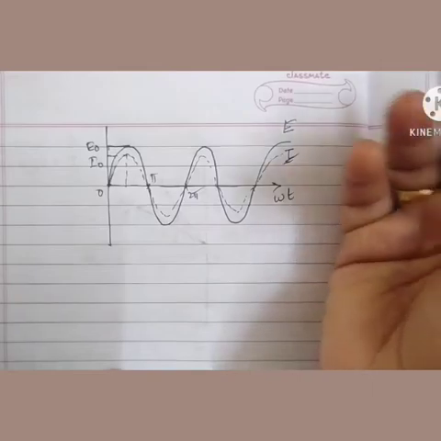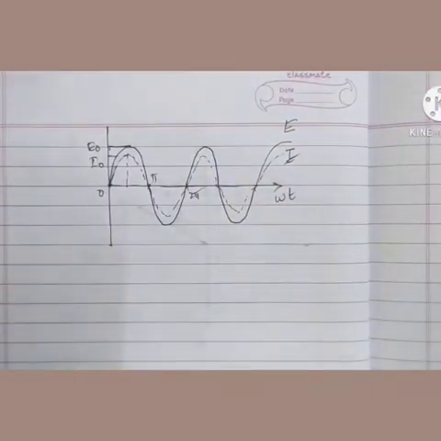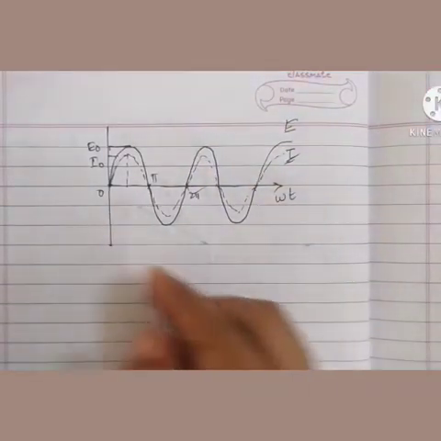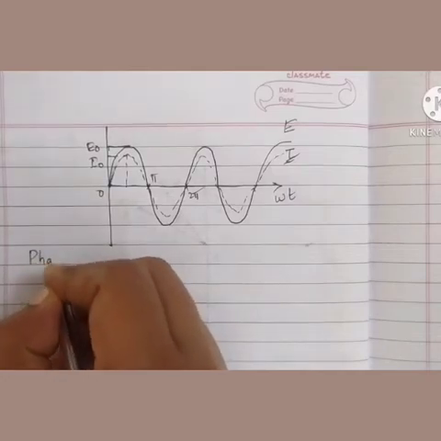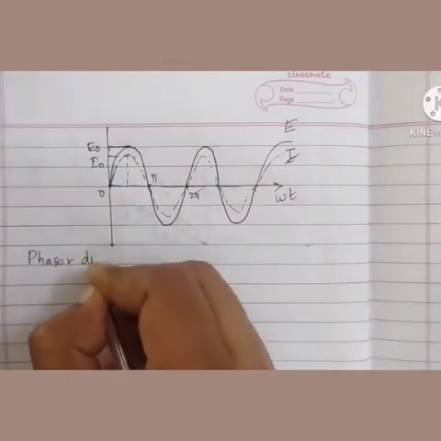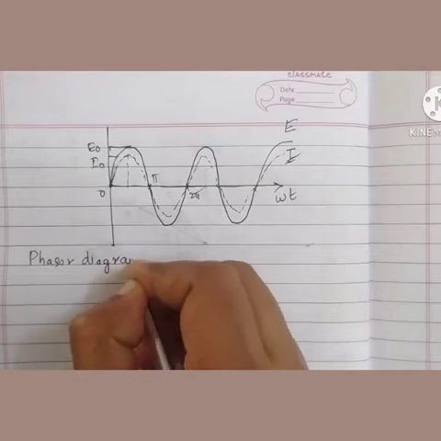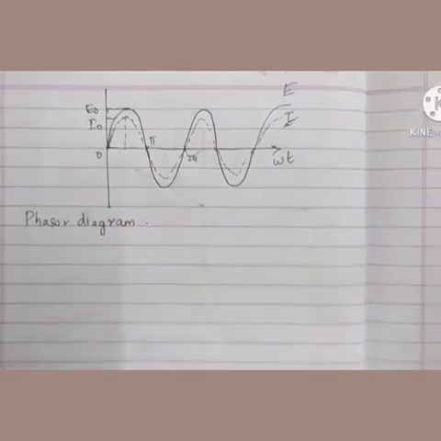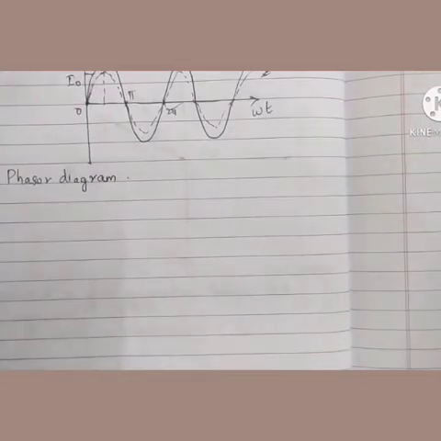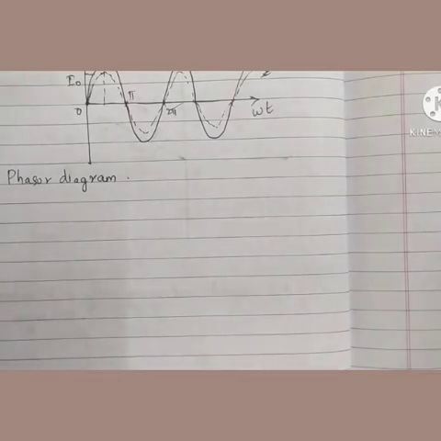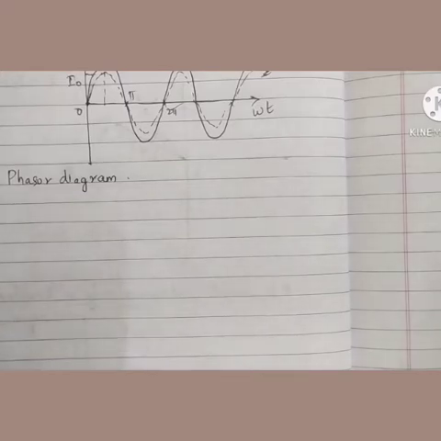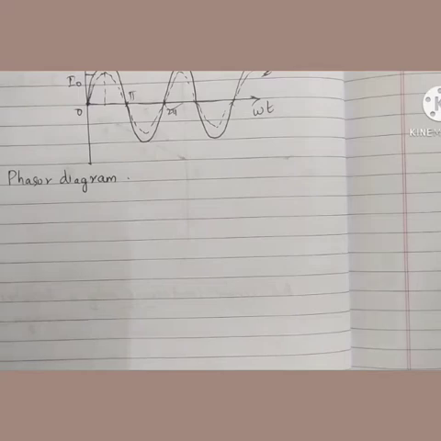Now we are moving to the next step, that is phasor diagram. One should very easily understand by looking into a phasor diagram what is the variation between the I and E, or I0 and E0.